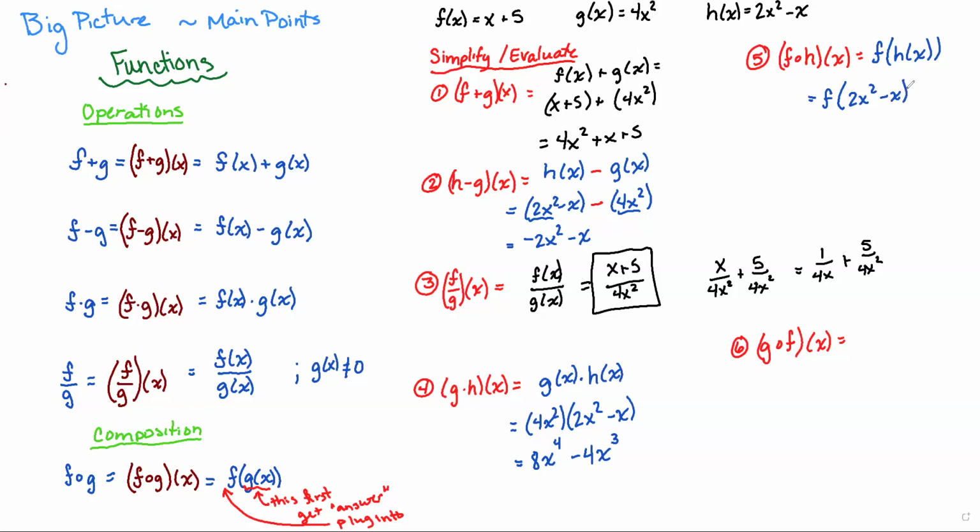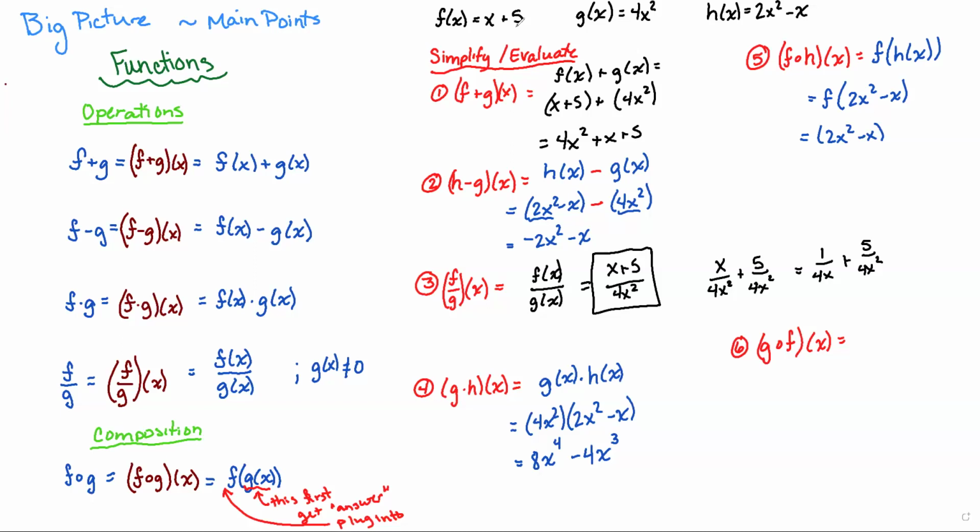And now this is like those evaluations that we had before. We're going to take the f function. So every time I see an x, I'm going to replace it with this 2x squared minus x. So I've got parentheses 2x squared minus x.